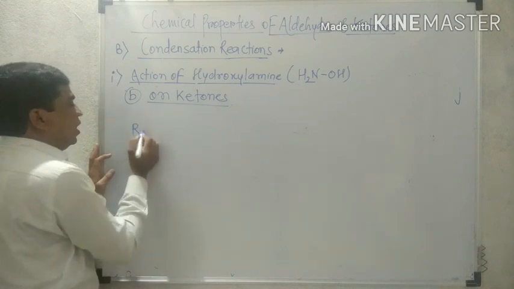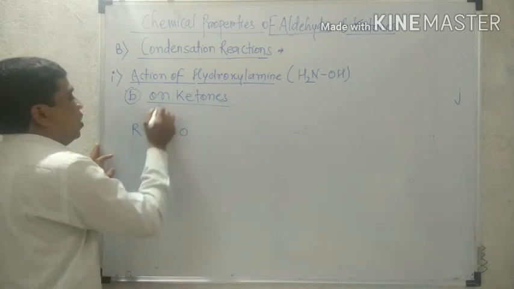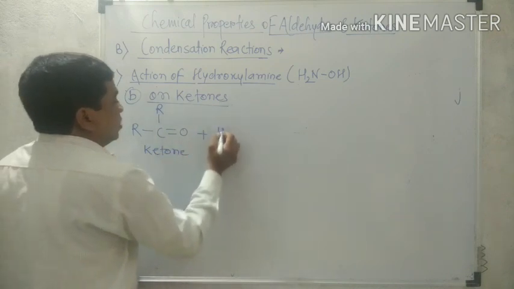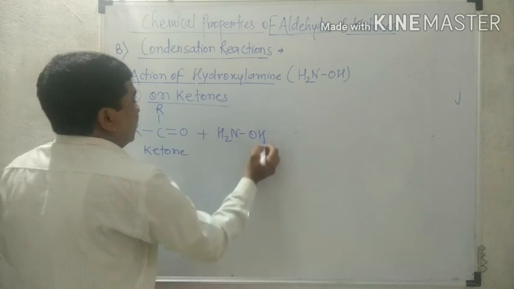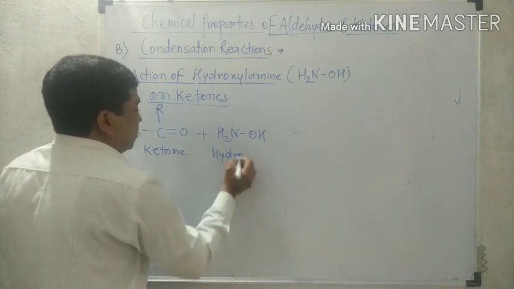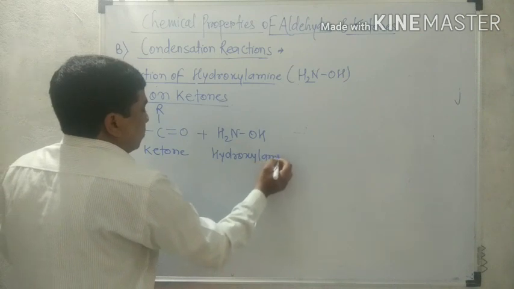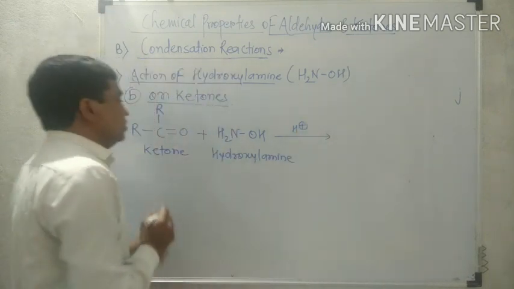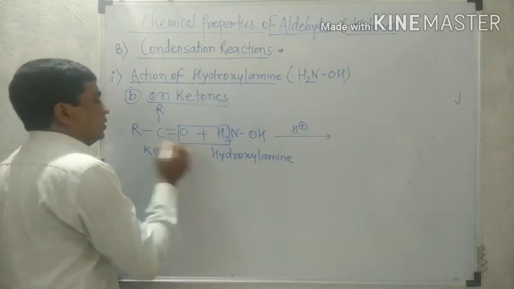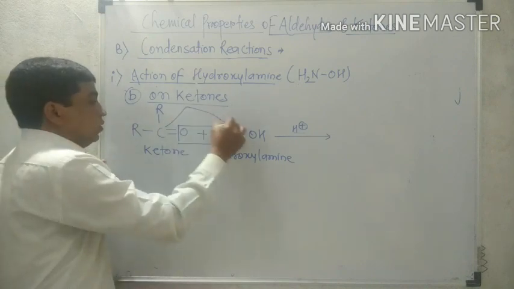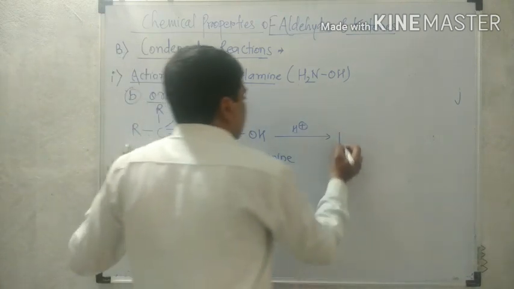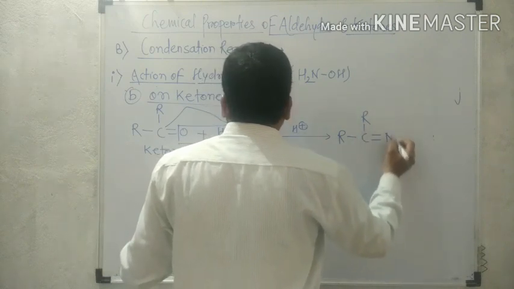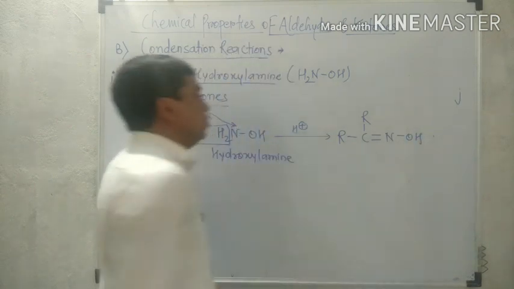Ketone has the formula RC(=O)R. When it reacts with NH2OH, that is hydroxylamine, in presence of catalytic H+, this is the byproduct due to the condensation reaction. The double bond is formed with nitrogen, giving RC(R)=N-OH.